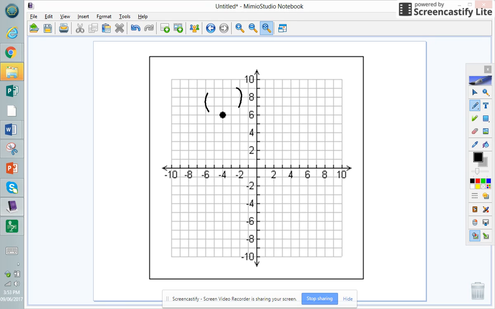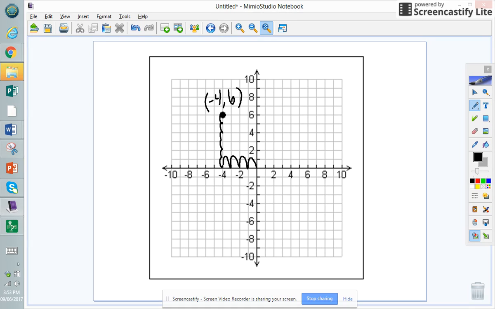If you said, well, I'm going to start at 0 and count 1, 2, 3, 4, but -4, I agree. And then I went up, let's see here, 1, 2, 3, 4, 5, or +6. -4, 6, that's correct.